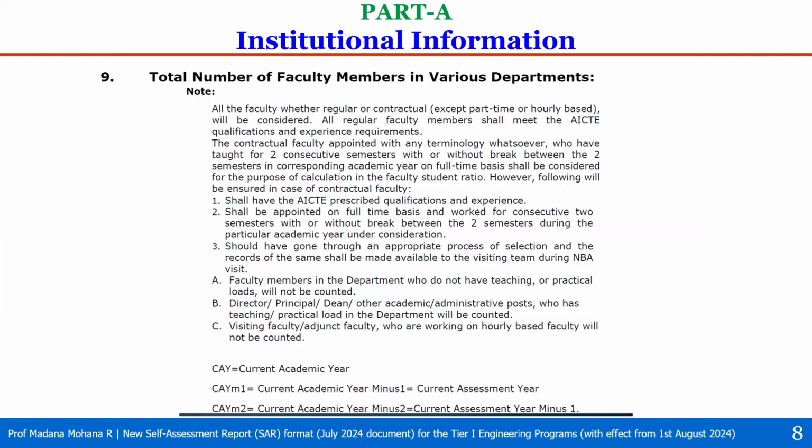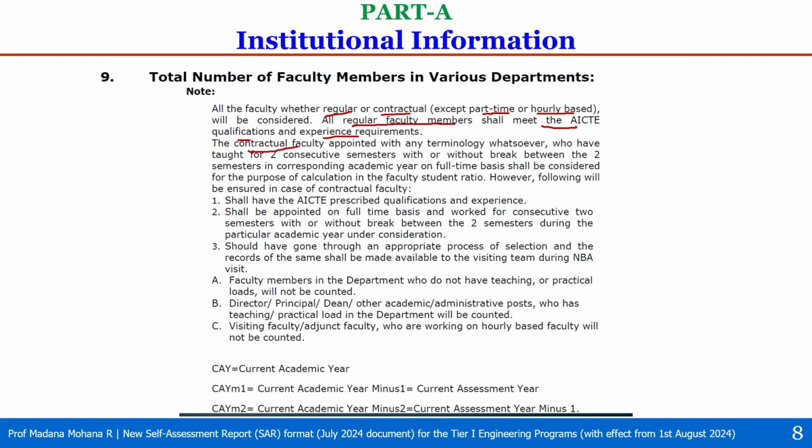So here you can see the faculty consideration. This is one of the important factors here. All the faculty, whether regular or contractual, will be considered, except part-time or hourly based, which won't be considered. All regular faculty members shall meet the AICTE qualifications and experience requirements.